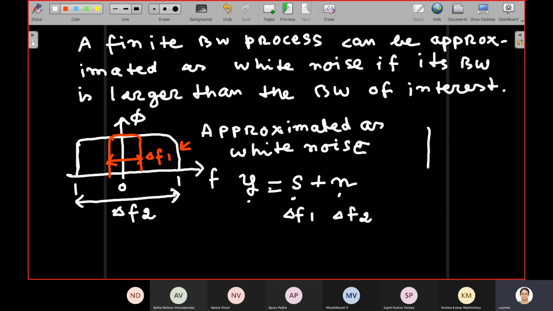If you look at the autocorrelation function, when you have a finite bandwidth process, the autocorrelation function will not be an impulse function. It is correlated in time. So let's say we are plotting the autocorrelation function Rxx(t, s), or t is equal to s.